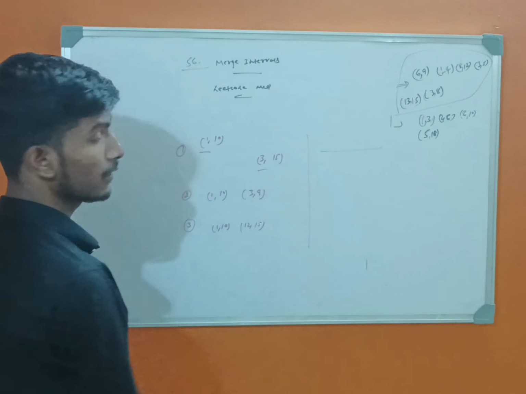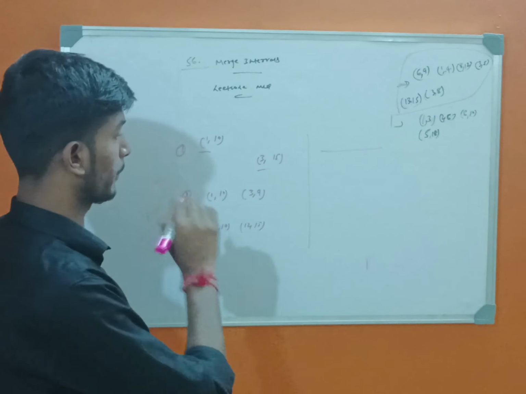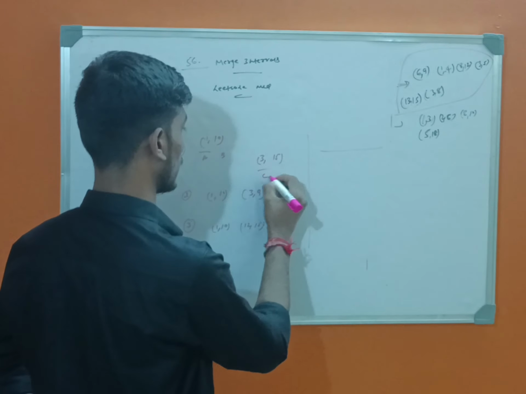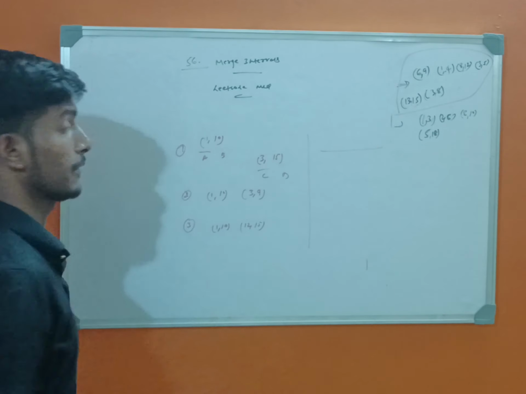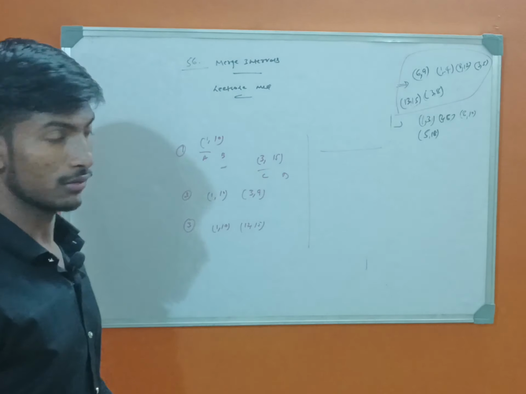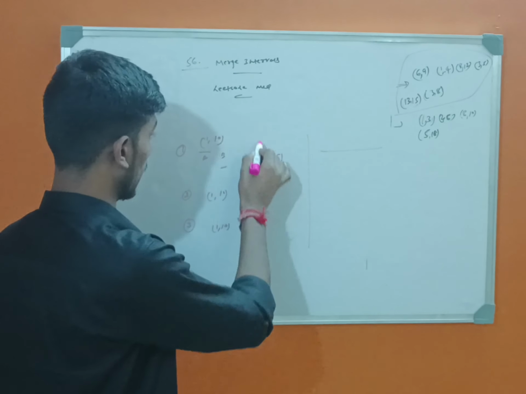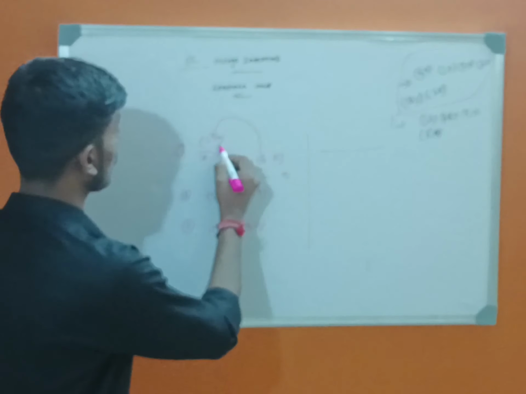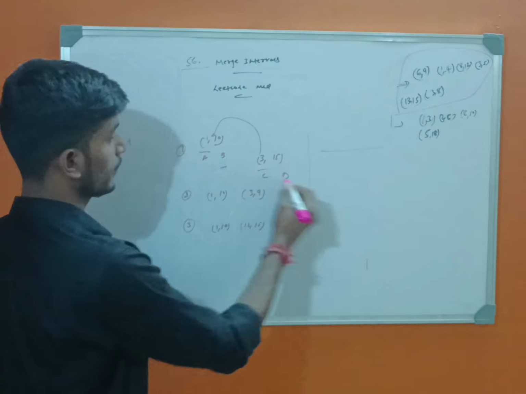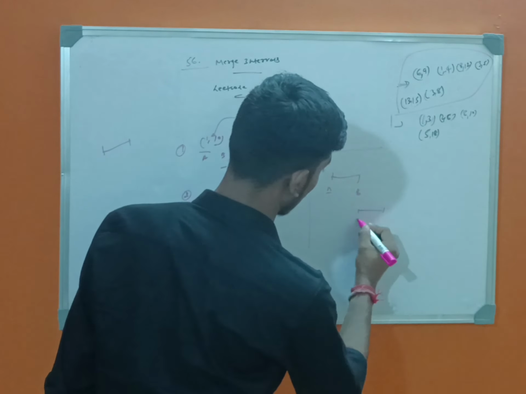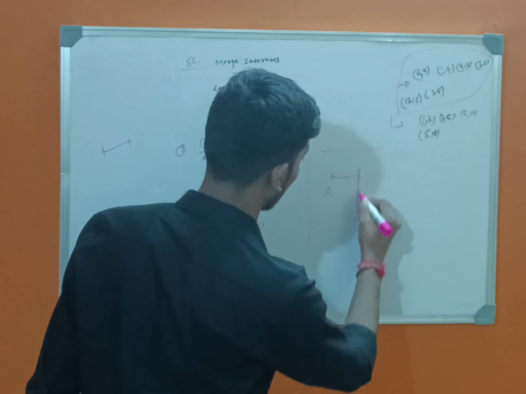First, 1 to 10 and 3 to 15, is it overlapping or not? First, it's AB and CD. If C is something which is less than or equal to B, right? Meaning if this is lying in between these two numbers, or at least here, because suppose it is AB and the number CD is coming joining from this point only.